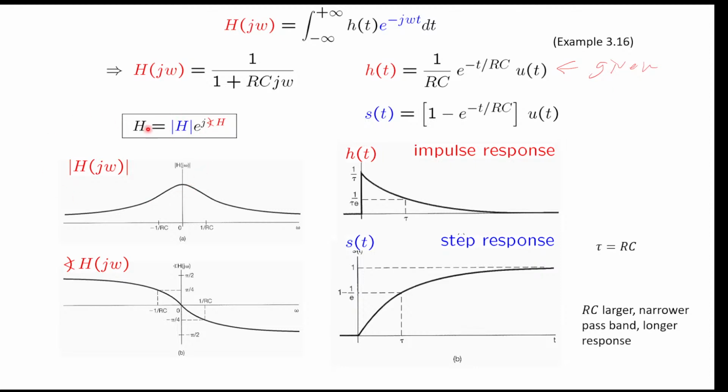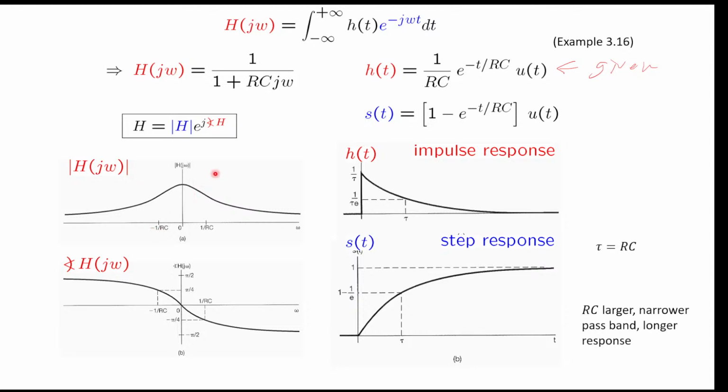So we think about the absolute value of big H, and it looks like this. You see that it is indeed passing more of the low frequency components. For omega around 0, the absolute value of H is higher.